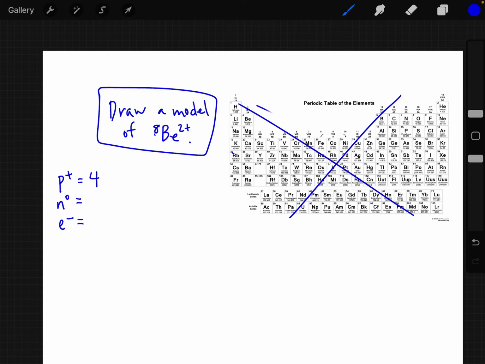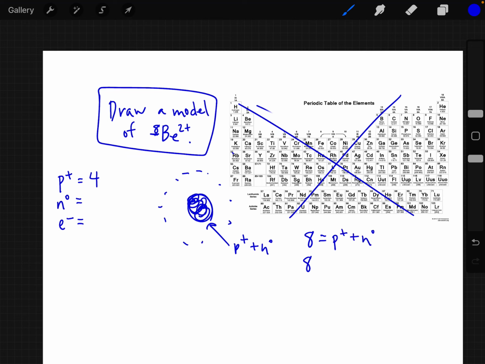The next thing I can find is neutrons. If you recall, in an atomic model, we have that inner section that's called our nucleus. It contains our protons and our neutrons, the heavy guys. So this number, this 8 right here, this tells us our mass. It tells us how heavy it is, that in the middle right there. So I can say that that mass equals my protons plus my neutrons.